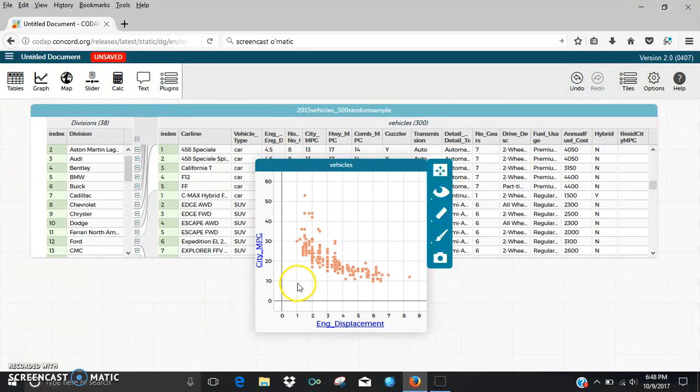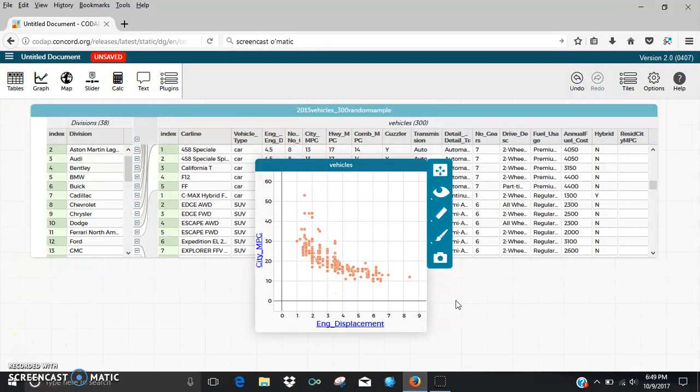If you look at our graph, we notice that there seems to be a negative relationship between engine displacement and city MPG. Low volumes of engine displacement correspond to higher values of city MPG. High values of engine displacement correspond to lower values for city MPG.